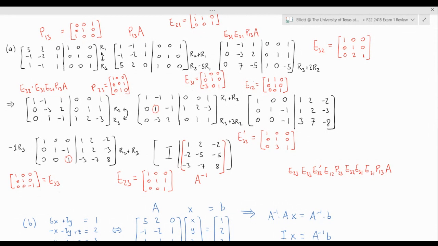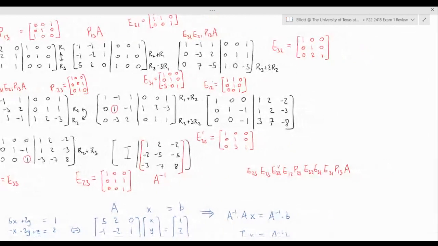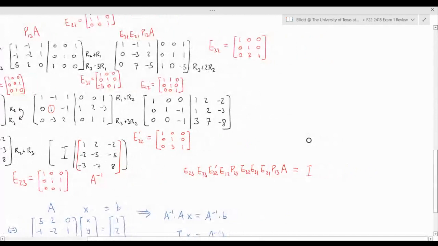So when you multiply all of these matrices together in that order, it has the effect of performing all the row operations that we did on A. And after performing all those row operations, we know that they reduced A to an identity matrix. So that gives us this equation here.